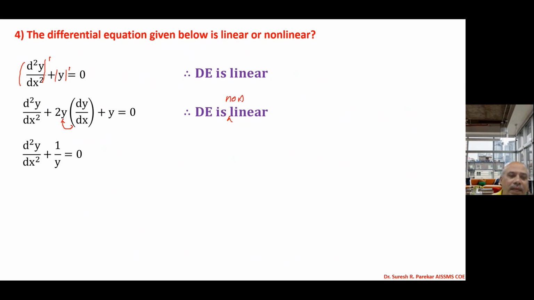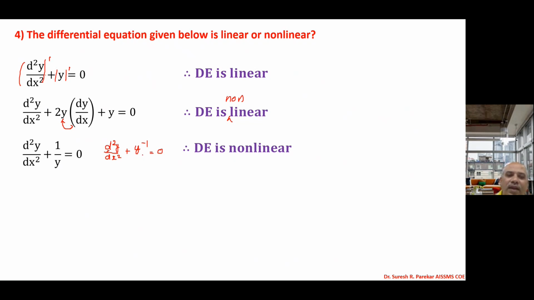Then we have d2y by dx square plus 1 by y equal to 0. If we write it properly, d2y by dx square plus y to the power minus 1 equal to 0. As this is power minus 1, we cannot find the degree of this.